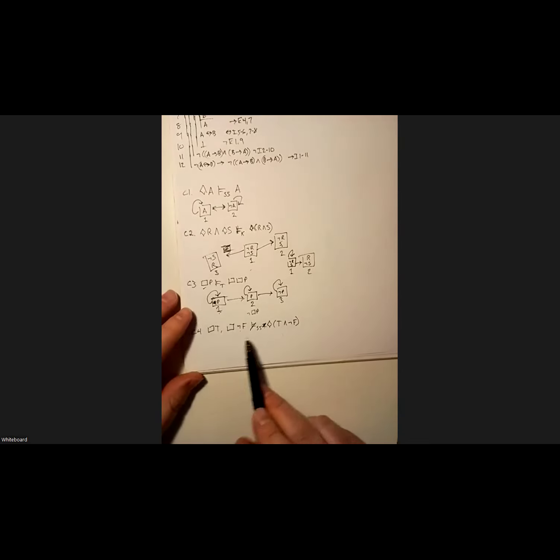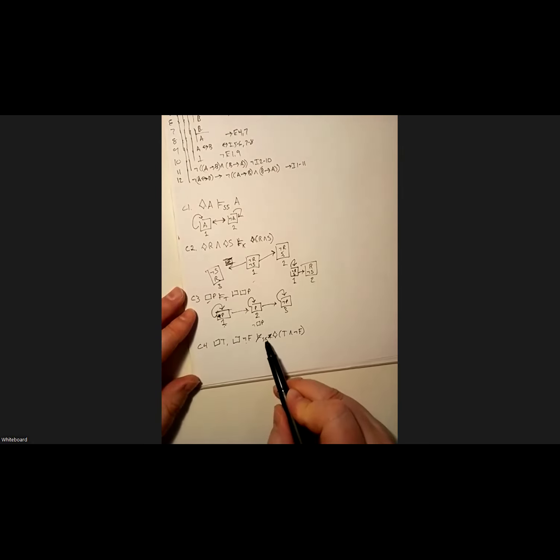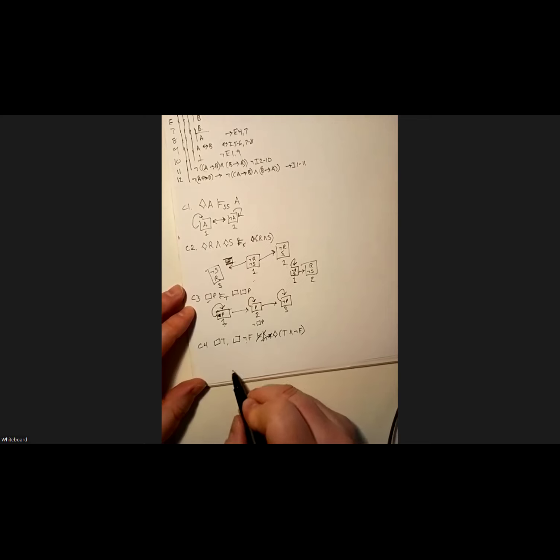So one way you could get this to work in a very silly way, and it doesn't quite work if it's S5, it needs to be something weaker like K, is we could get a world that's like this.